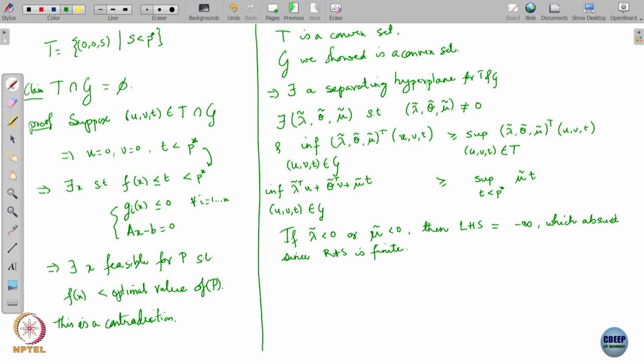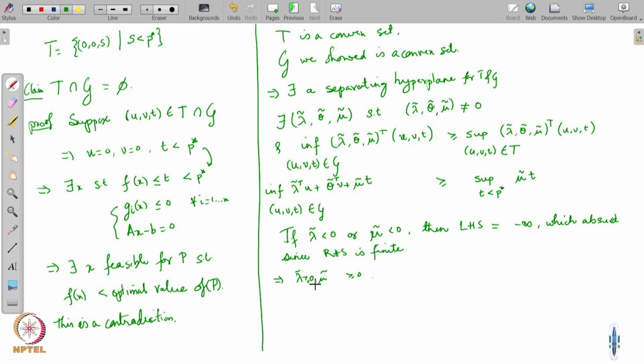So, both lambda tilde and mu tilde are greater than or equal to 0. I write this separately: lambda tilde greater than or equal to 0 and mu tilde also greater than or equal to 0.